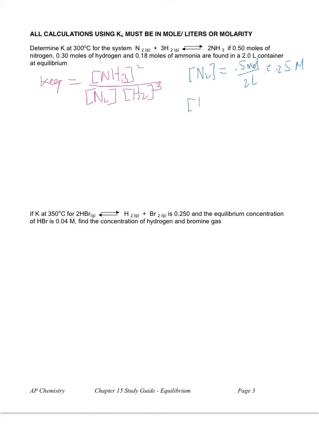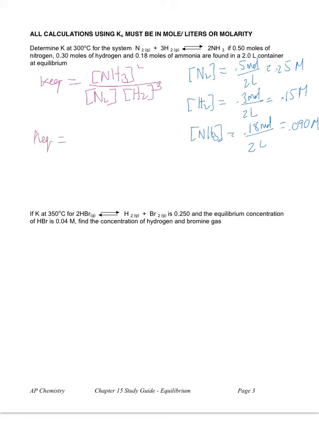Concentration of H2 is 0.3 moles divided by 2 liters, so 0.15 molar. And concentration of NH3 is 0.18 moles divided by 2 liters, so 0.090 molar. So then we plug in our values.